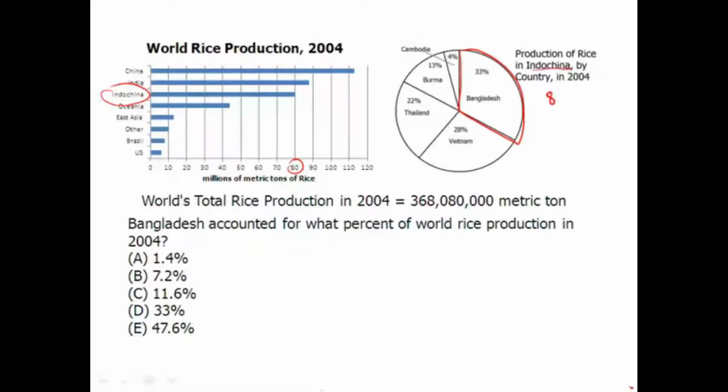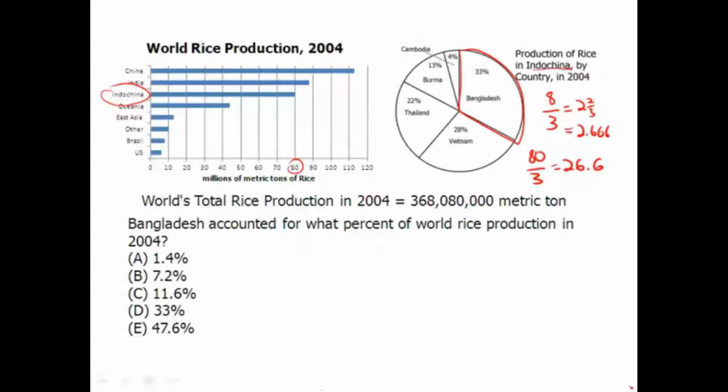Well, let's think about this. 8 over 3, that is 2 2/3, or in other words, 2.666. So that means 80 over 3 would be 26.6. So 26.6, that's approximately how many million metric tons of rice Bangladesh produced in 2004.